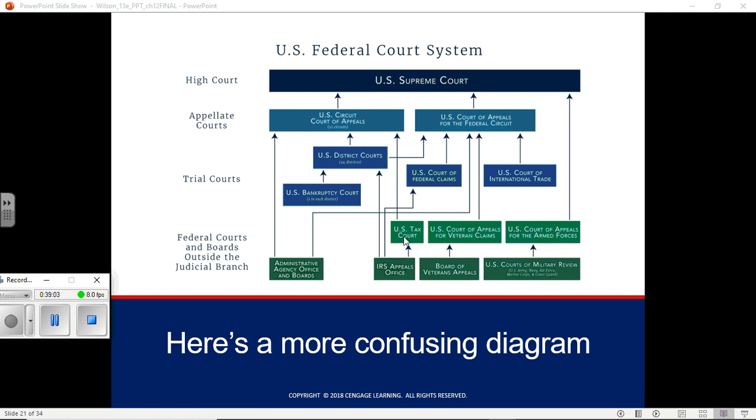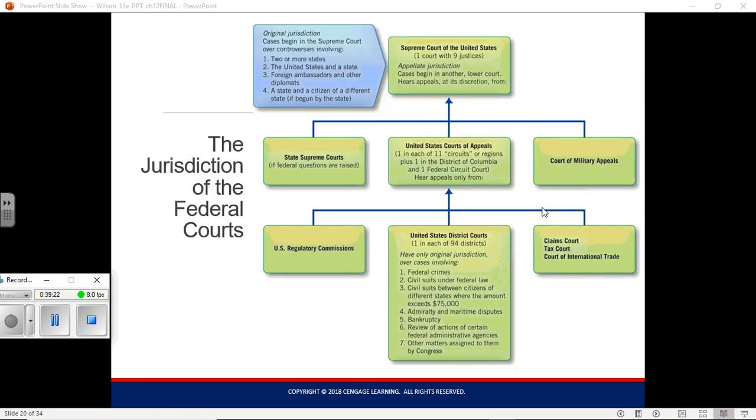U.S. Tax Court, U.S. Court of Appeals, all of these are courts, and then these are agencies. So all of these are government institutions that already made a ruling on a decision, which is why all of these end up going straight to an appellate court. In order to go to an appellate court, you're appealing a previous decision.